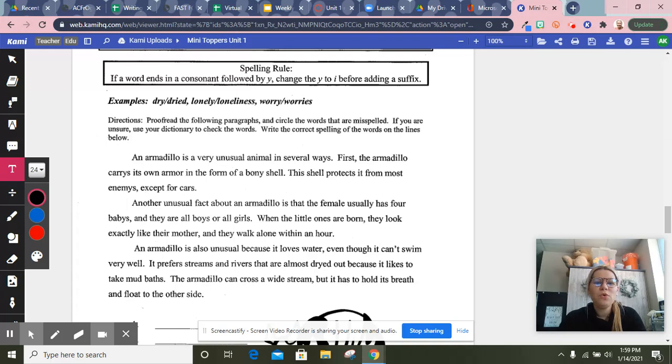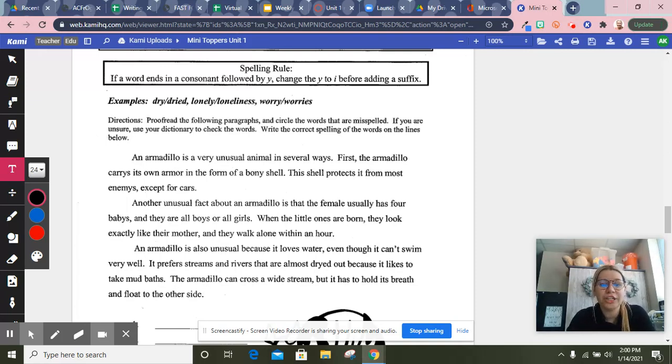Spelling. If a word ends in a consonant followed by a Y, change the Y to an I before adding a suffix. So I like to say, drop the Y, add IES, or drop the Y, add IED. So you're going to make sure you drop your Y. And you're going to proofread and circle any of the words that are misspelled.